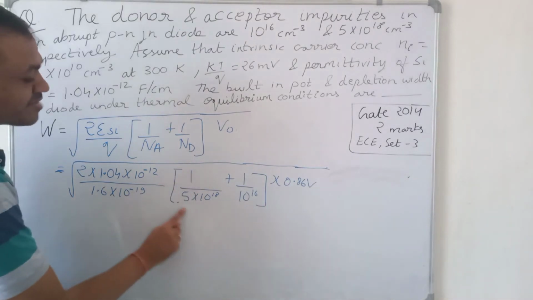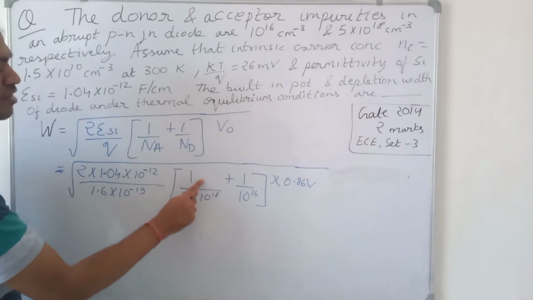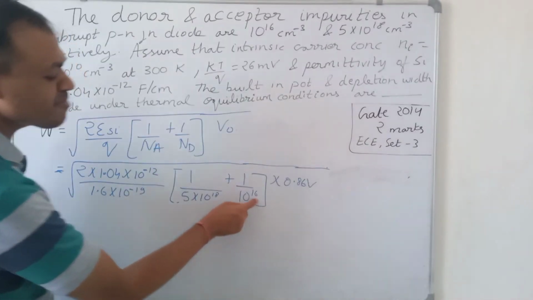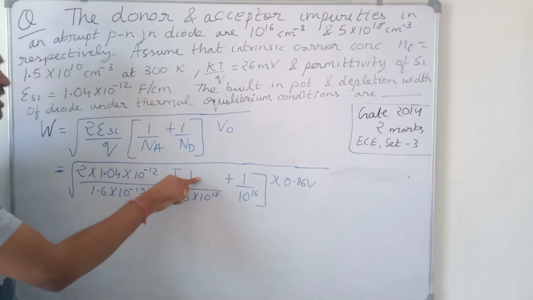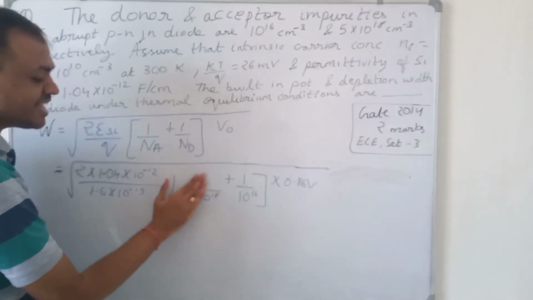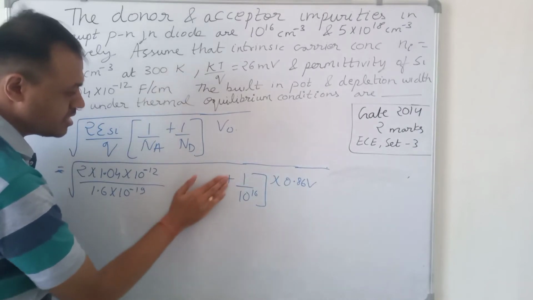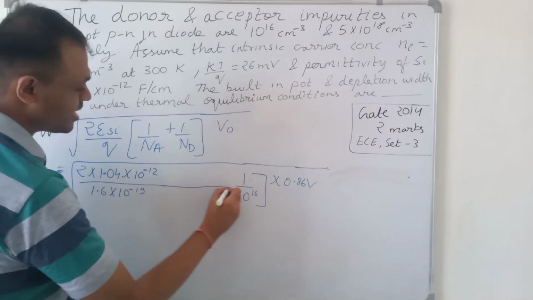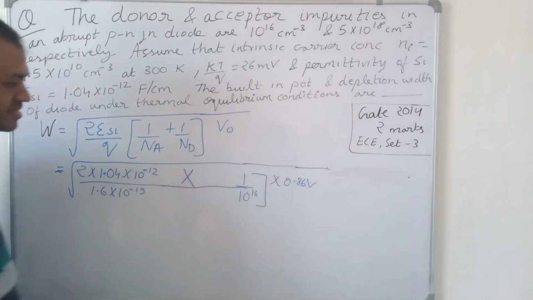Now this term, 1 upon 5 into 10 to power 18, is very small compared to 1 upon 10 to power 16, because it is 10 to power minus 18 against 10 to power minus 16. So we can easily ignore it, so that our calculation becomes very easy.